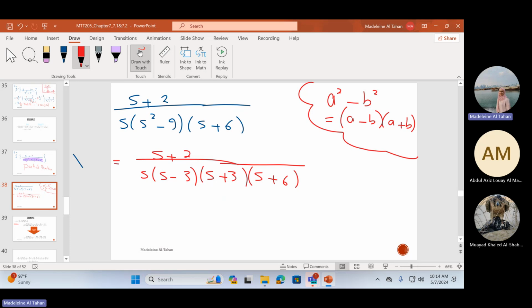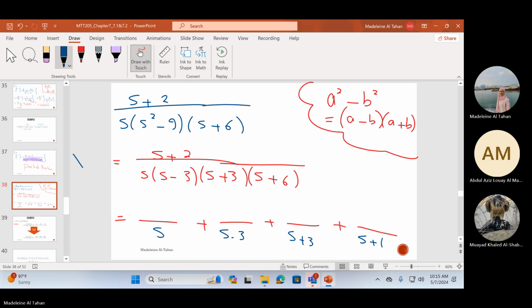So first of all, we factorized. We wrote the denominator in factors. Now, using partial fraction, these factors are linear, right? The factors are of order one, right? So we will put s here, s minus 3 here, s plus 3 here, and s plus 6 here. And here we will put a constant, another constant, and another constant.